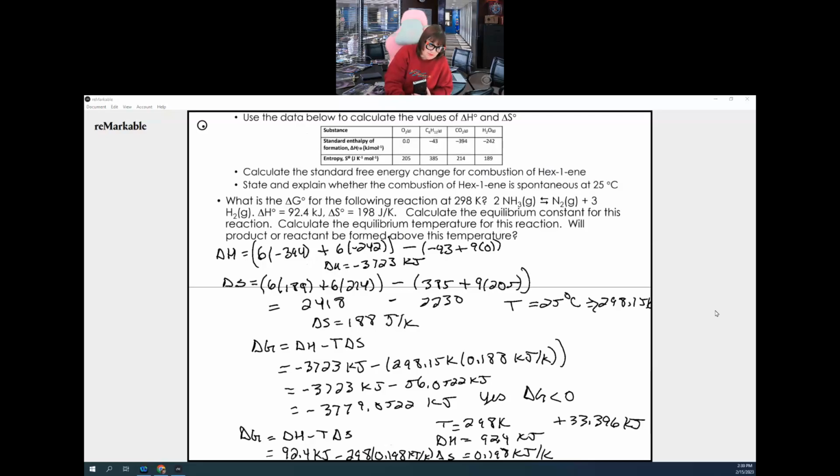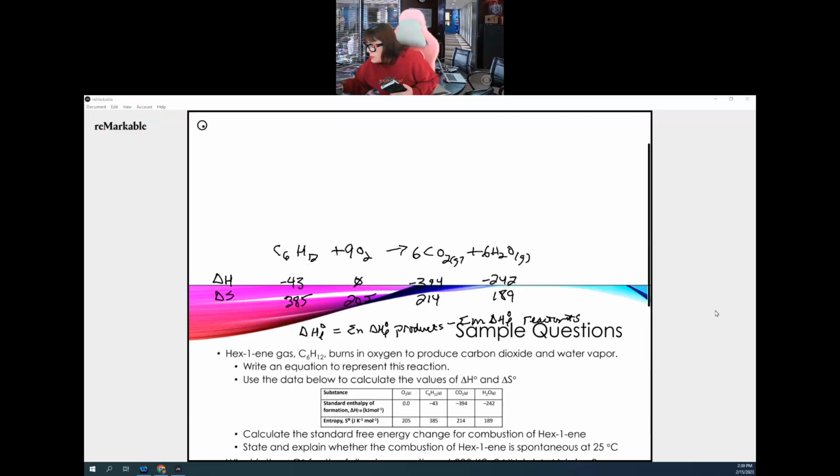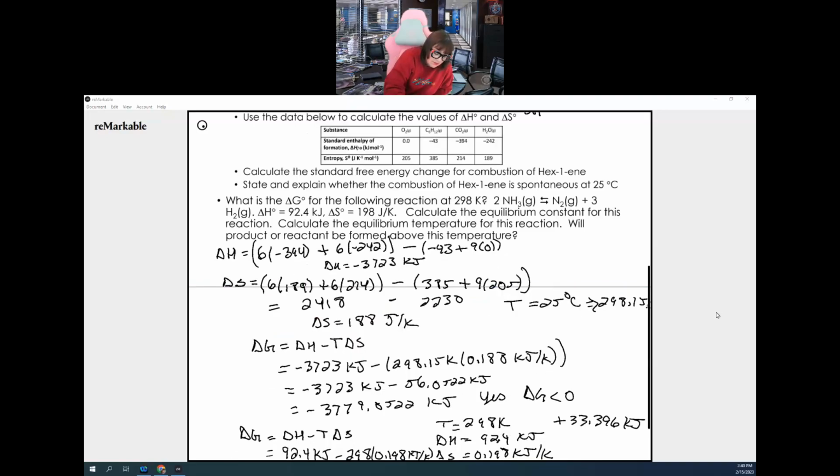It asked me to calculate the equilibrium constant for this reaction. Now, equilibrium constant. So I remember that delta G equals minus RT ln of K. So the delta G that I just calculated is 33.396.